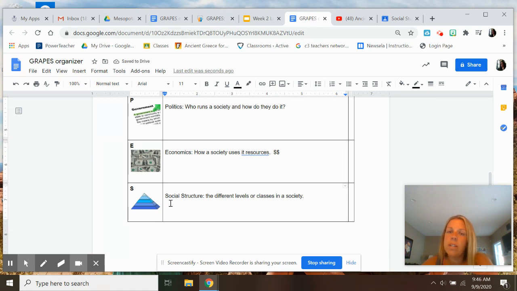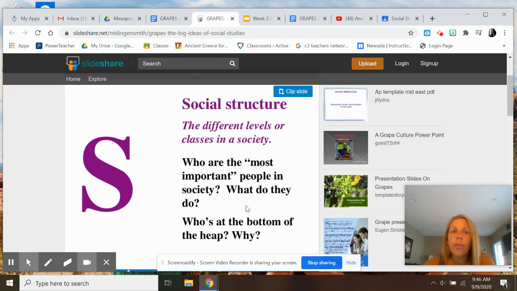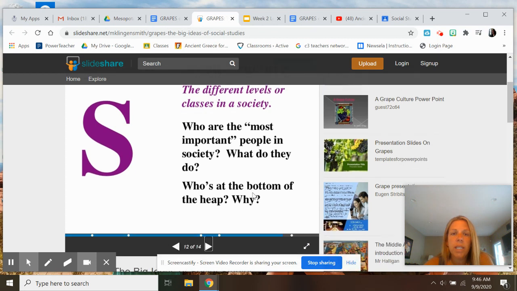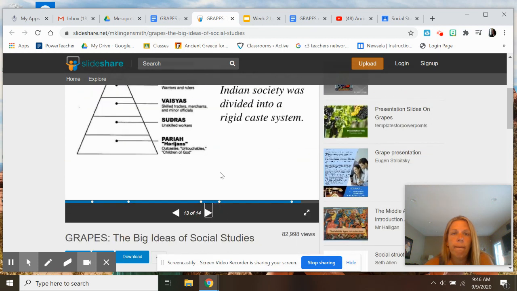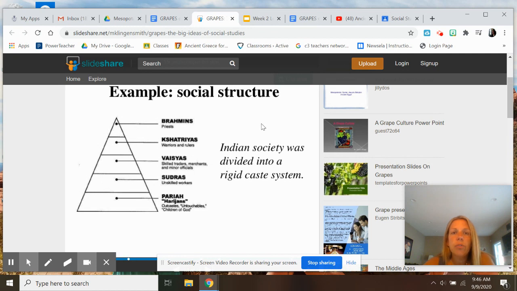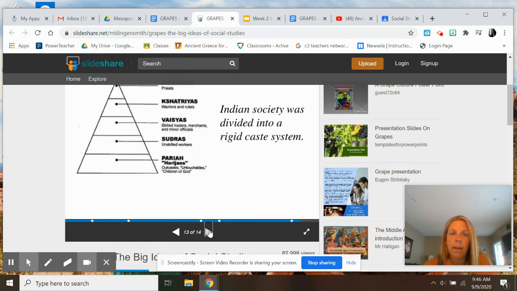Some civilizations did use the pyramid structure of social structure, and notice that there's fewer at the top, more at the bottom. We'll discuss how that works. Who are the most important people in society, and what do they do as far as who's at the bottom, who's at the top. Here you have social structure for the Indian society, which was called a caste system. And here are all the different levels, which we'll get into when we talk about India.